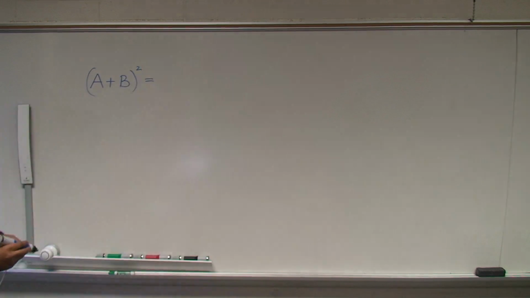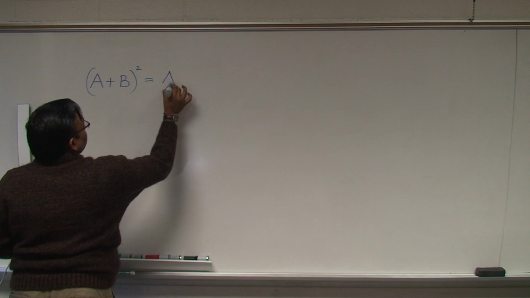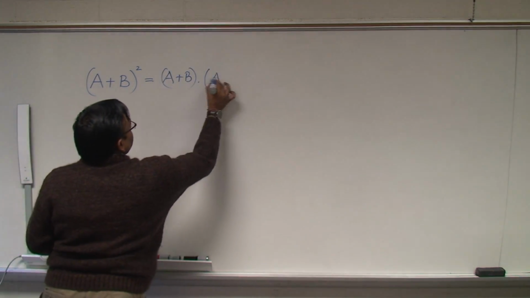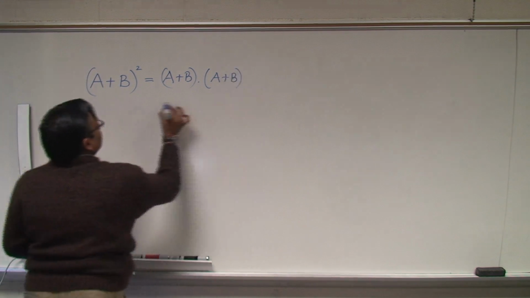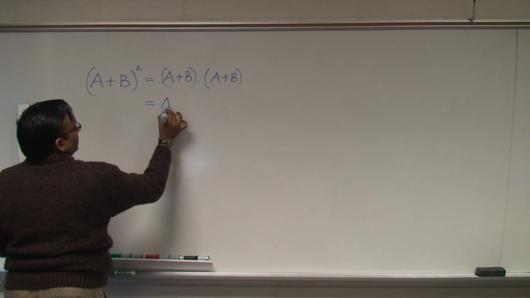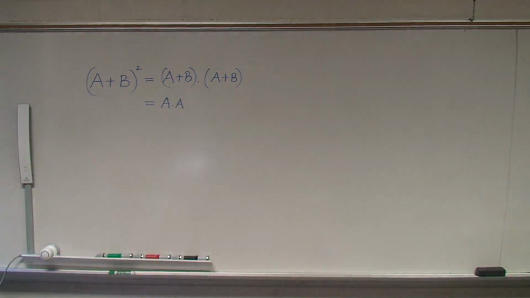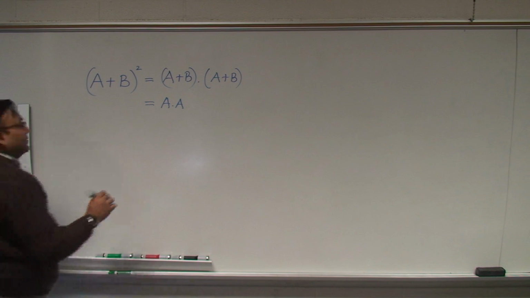We kind of have a habit of writing it as A square plus 2AB plus B square. But let us see how it will look like in terms of matrix multiplication. So (A + B) times (A + B). If we perform the matrix multiplication, we are assuming that A and B are of nice size so that all these multiplications can be performed.